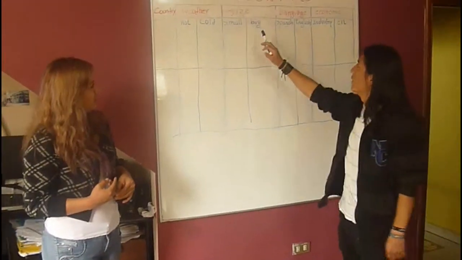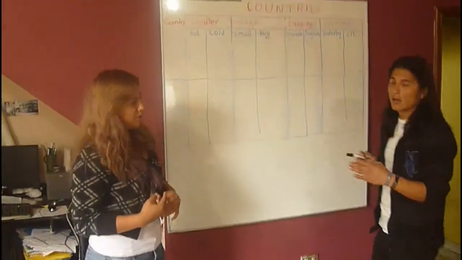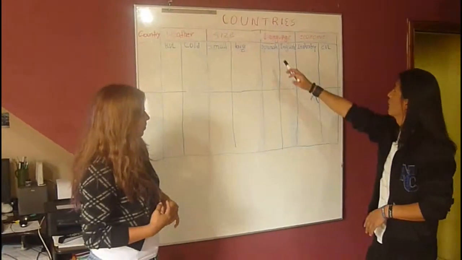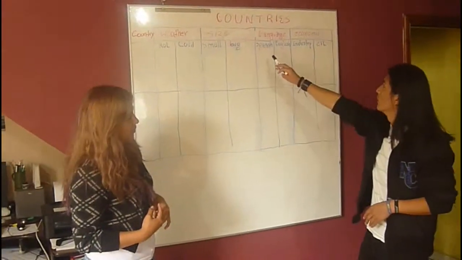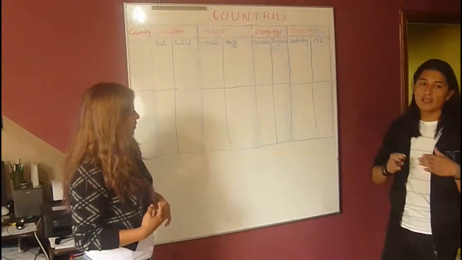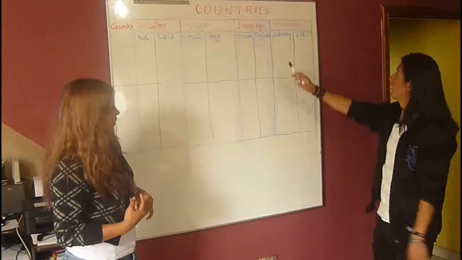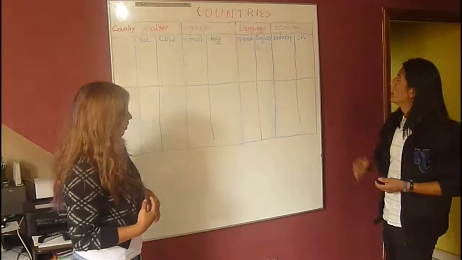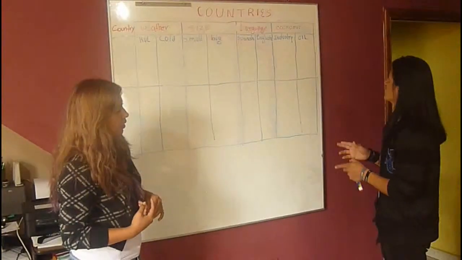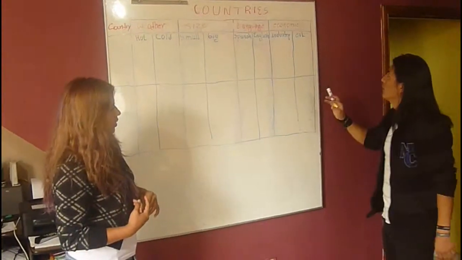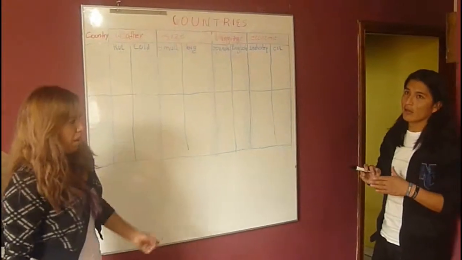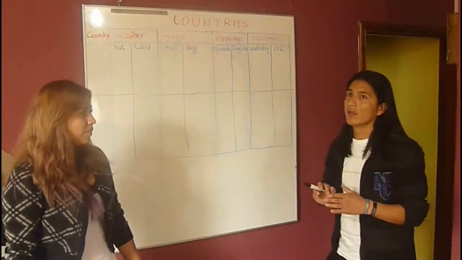For example, the size is what you research. And language is the same. You research about Spanish or English, depending on the language. The economy is the same. Explain about the industry and oil, depending on the country's economy.